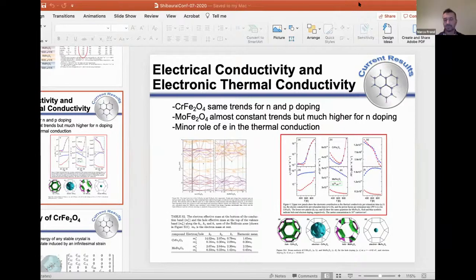So basically, you're asking whether I can predict the power factor as a function of some other conductivity, either thermal or electrical? Yes, because you can tune the carrier concentration by doping.